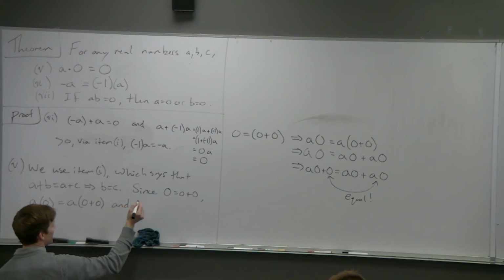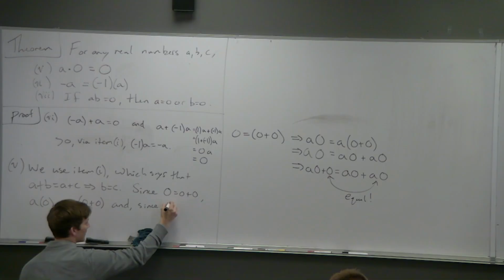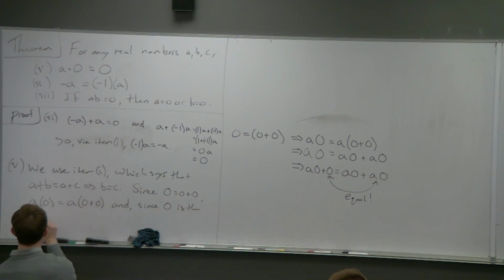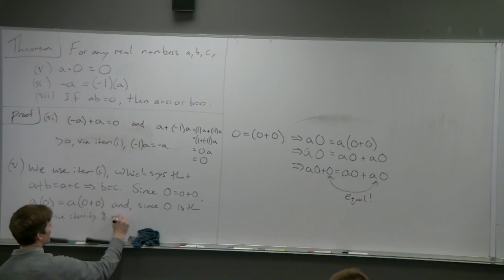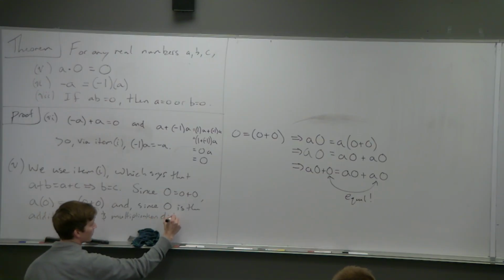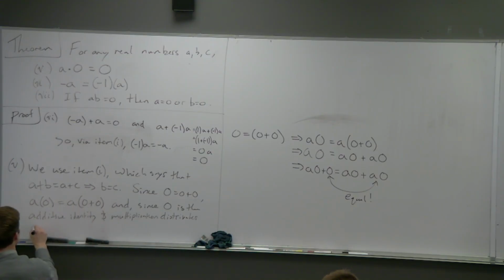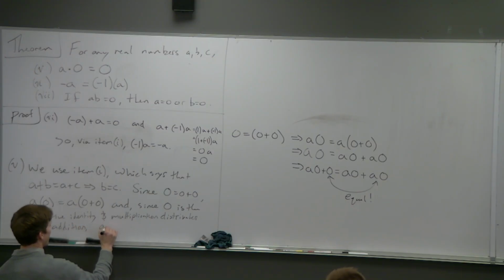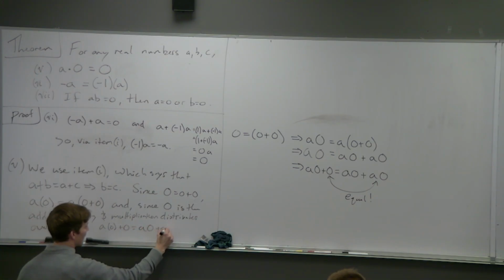And since 0 is the additive identity, and multiplication distributes over addition, a times 0 plus 0 equals a times 0 plus a times 0.